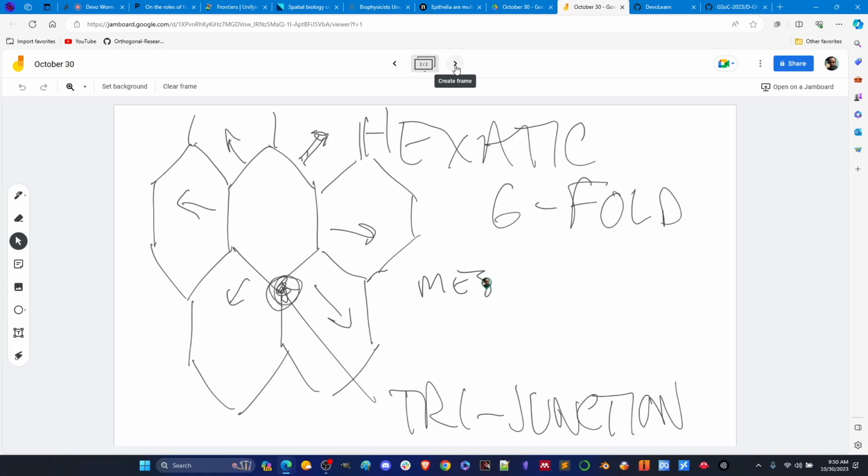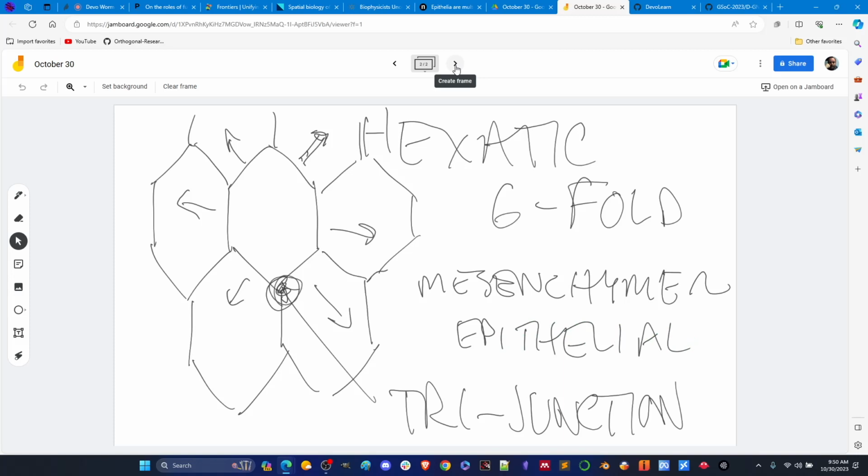It's an epithelium mesenchyme transition, and it happens all the time. So it has something to do with this transition. Oh, it's interesting. Yeah, it's interesting. I don't know where.